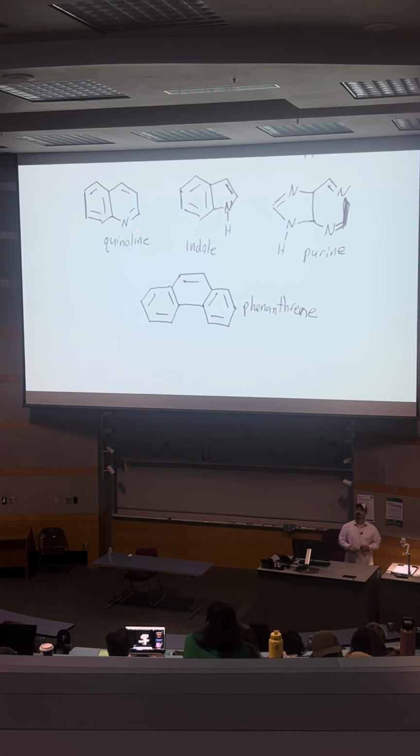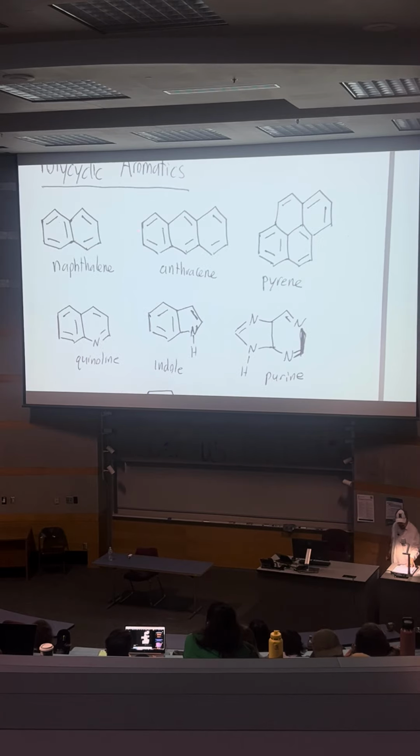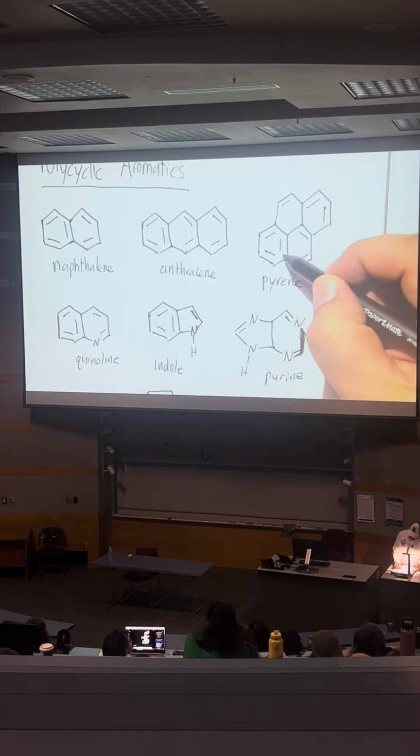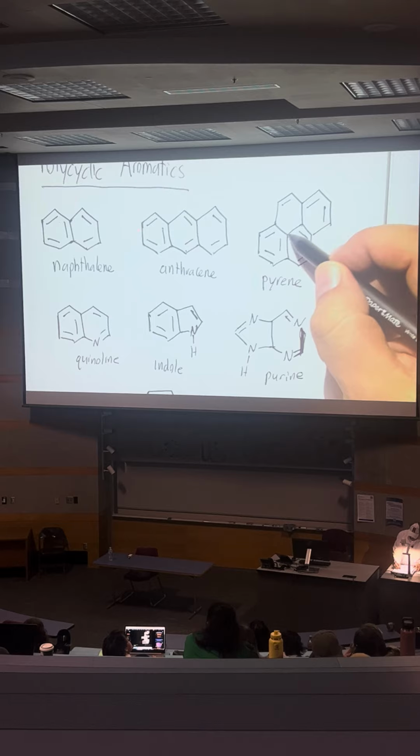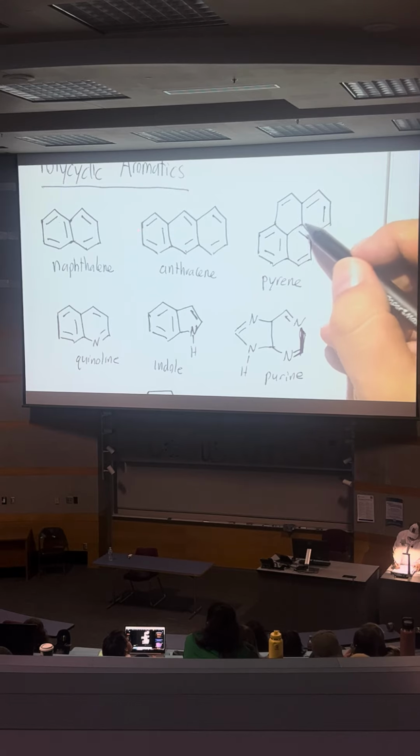Could you show pyrene? I wonder if I'm missing a pi bond. Let me see. So, double bond, single bond, double bond, double bond, single bond, double bond. There, I think there is.